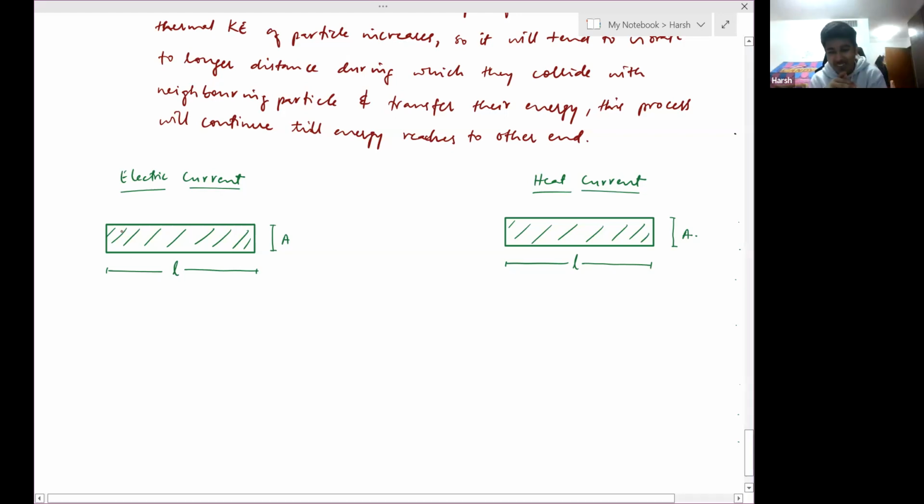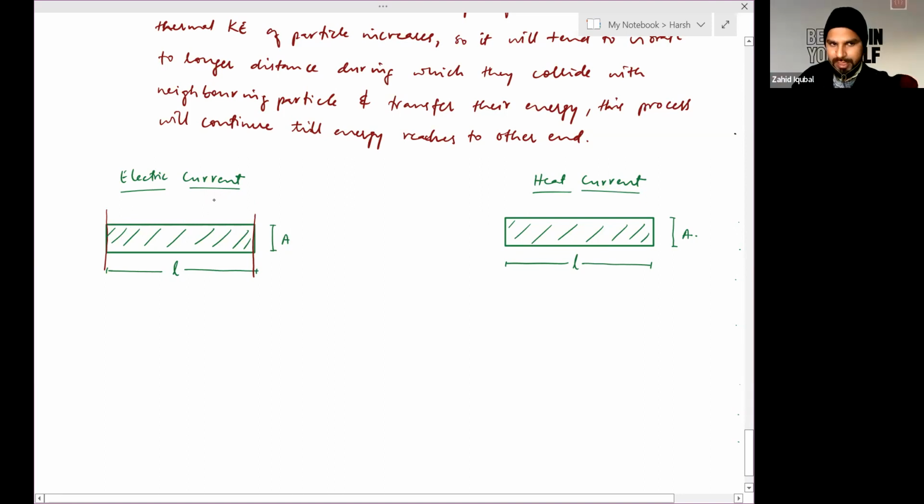What will the battery provide to this entire circuit? Energy, sir.